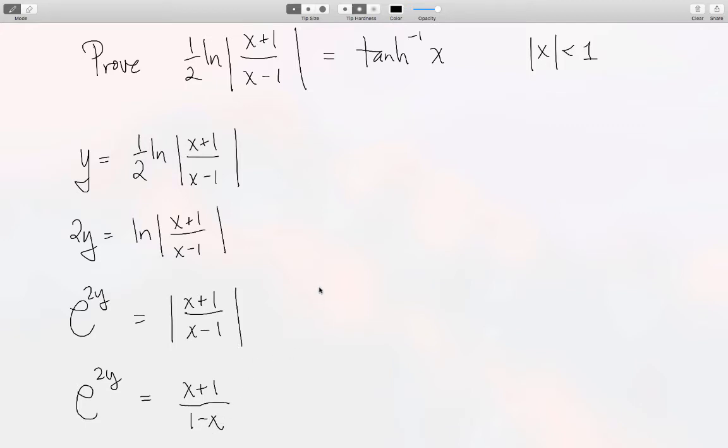Let's see how to say that. If you've got x in absolute value less than 1, that means that x is between negative 1 and 1.